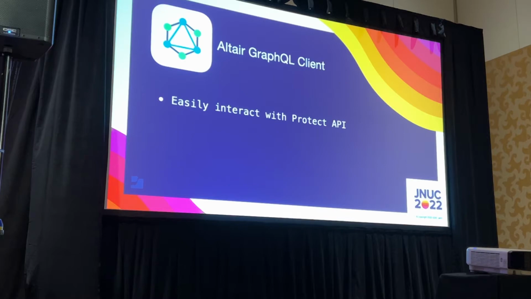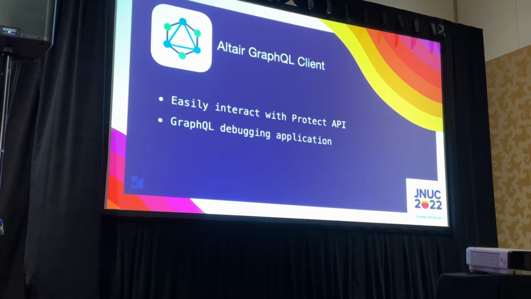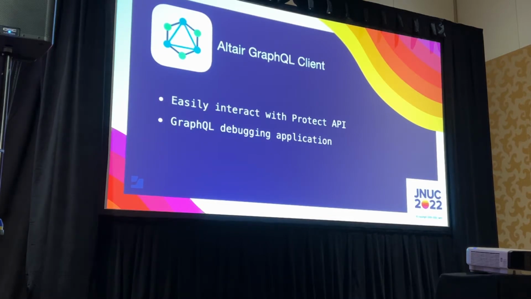Altair GraphQL client is an application available for macOS, and it really helps you get started with a nice UI, so it's easy to interact with Protect. I really like it because it also offers some built-in debugging. It's really helpful when you have an error in your queries.